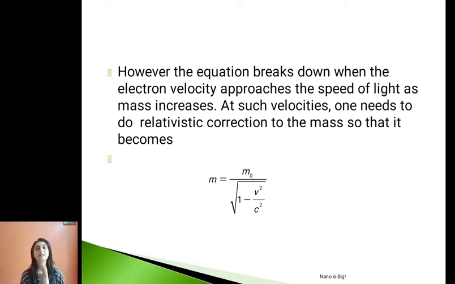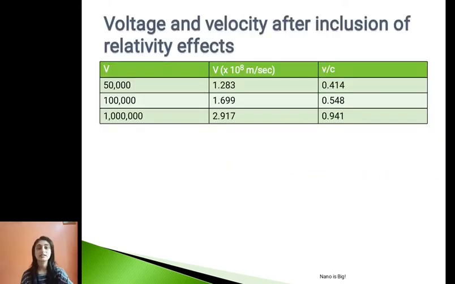So when the speed of the electron becomes comparable with the speed of light, we have to use the relativistic equation for mass, m equals m0 upon the square root of 1 minus v square by c square. When we do the calculations using this formula, for potentials of 50,000, 1 lakh and 10 lakh, the v by c ratio does not exceed 1, it is 0.941. So the velocity of an electron cannot be more than the velocity of light.